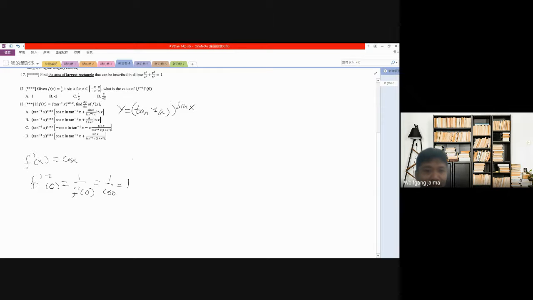As usual, we change it into e to the log of tan inverse x power of sin x. So it becomes e to the sin x log tan inverse x.